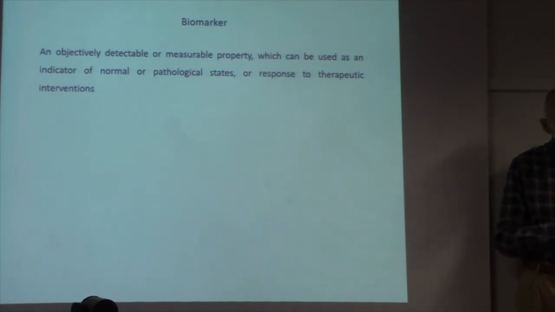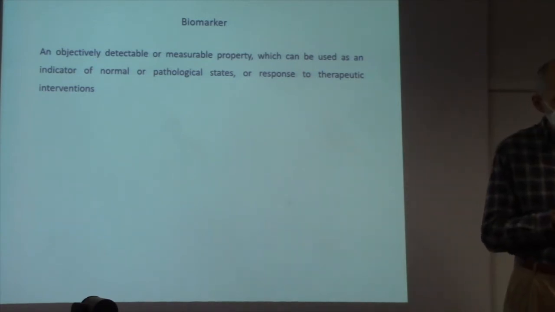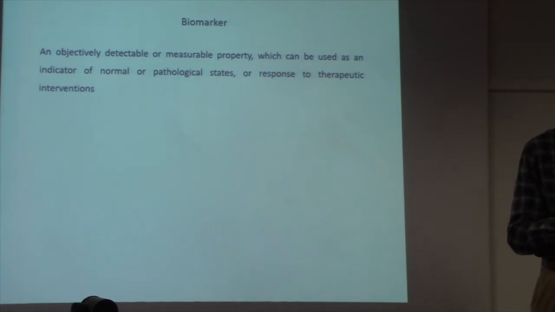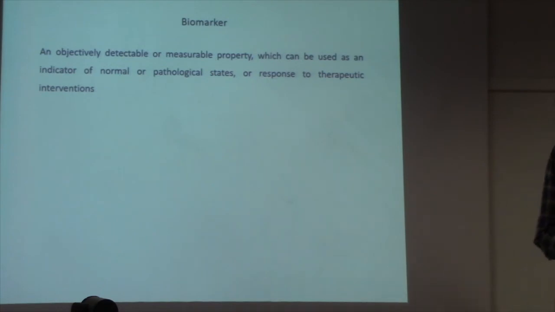And so again, here a brute force approach was taken. The authors here measured by mass spectrometry all plasma proteins they could identify and measure and detect in sufficient amounts as to be able to measure them.